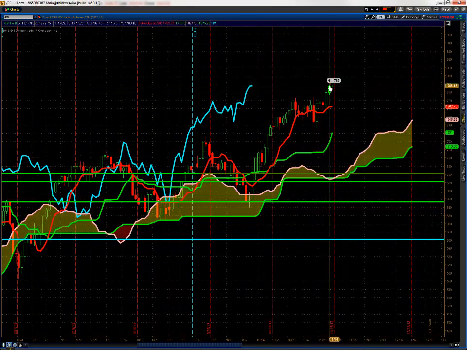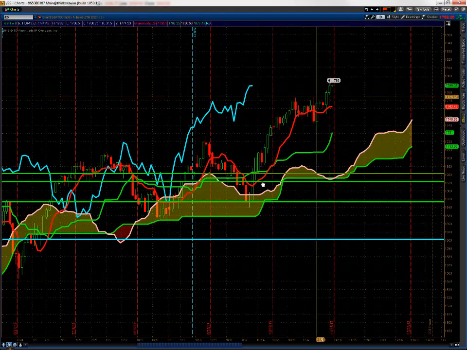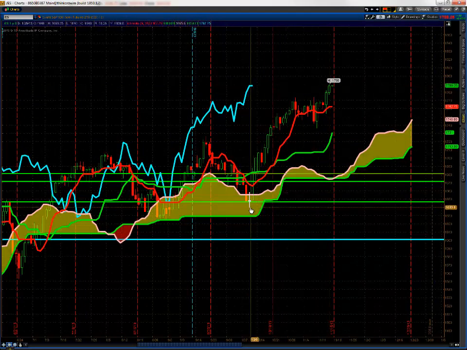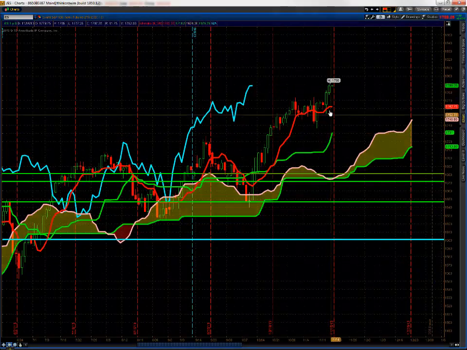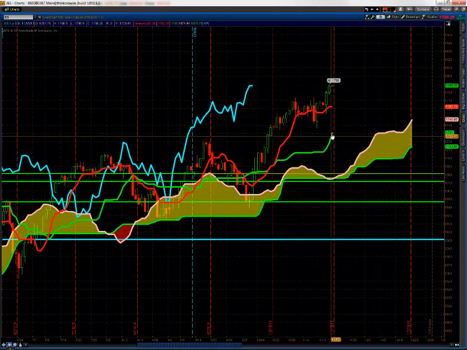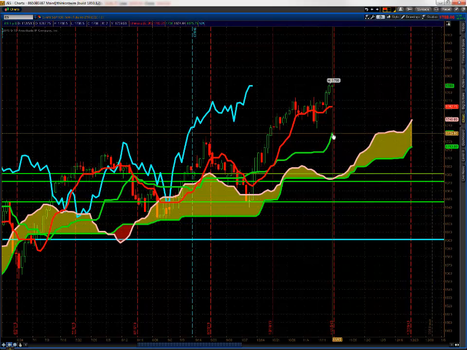So if I added the high and the low over the last 26 periods and divided by 2, it would be right here. So this is the 9 period and this is the 26 period. This shows me a longer term moving average. The longer term moving average is the green line.